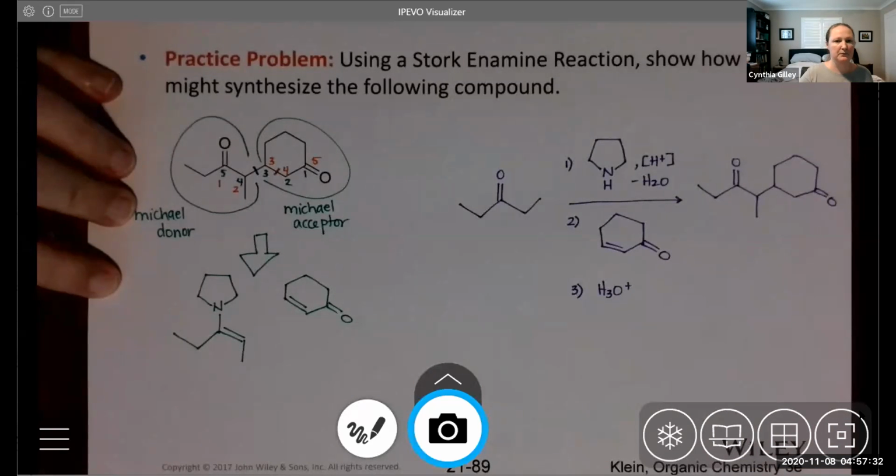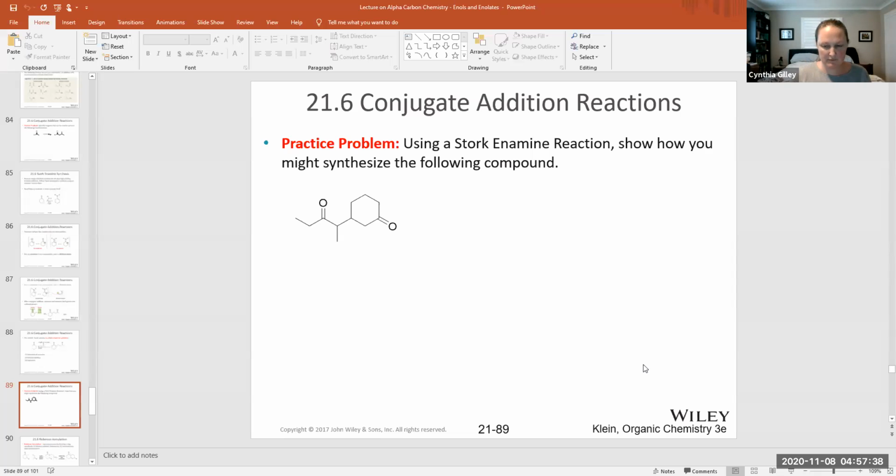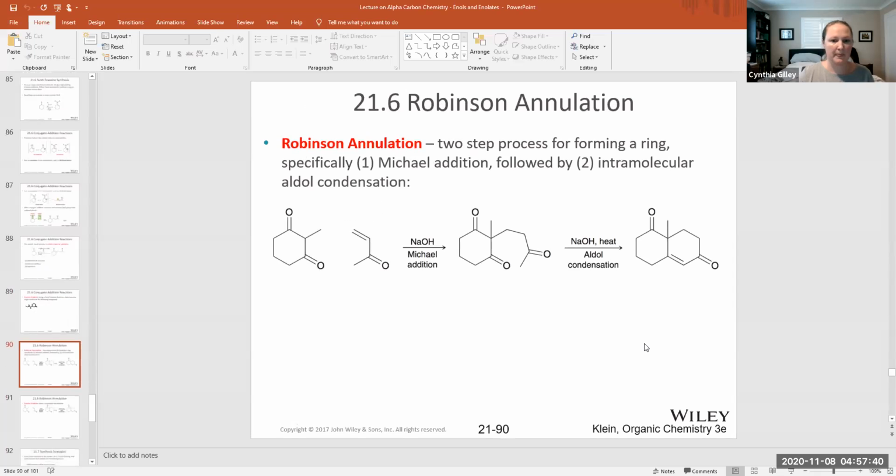Okay. Let's head back to the presentation. Next we're going to talk about what's called the Robinson annulation reaction. It is a ring-forming reaction, and it specifically utilizes 2 reactions that we've talked about previously: a Michael addition followed by an aldol condensation.